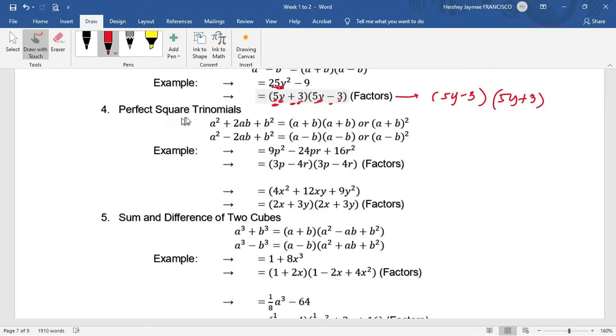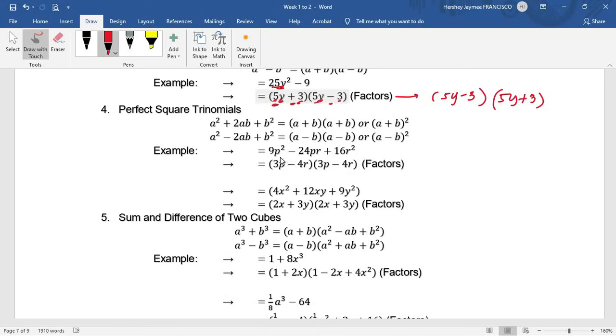Next, we have the perfect square trinomial. I hope ma-review nyo itong lesson na to since na-take up nyo to ng grade 8 para maintindihan nyo. And I have here an example, but hindi ko na ipopokus kasi baka humaba tayo. But still, merong steps kung paano kunin yung factor ng perfect square trinomial. If hindi ako nagkakamali, itinuro ko to sa inyo ng grade 8.